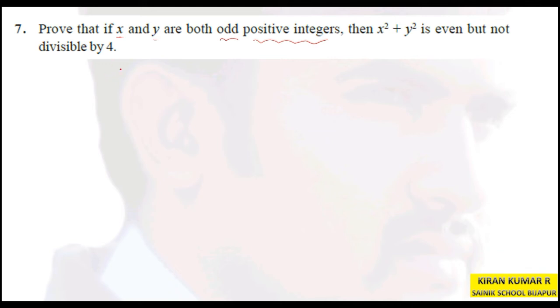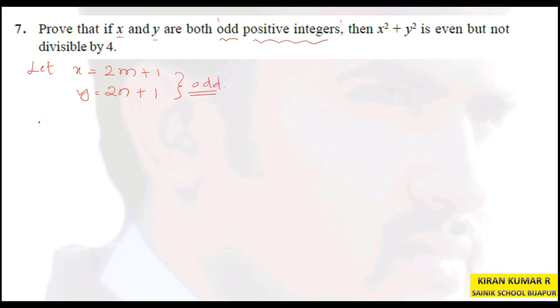Very important thing to note is they both are odd positive integers. So let me take the value of x as an odd number form, say something like 2m plus 1, and the value of y as something like 2n plus 1. We know these both are odd formats, 2m plus 1 and 2n plus 1.